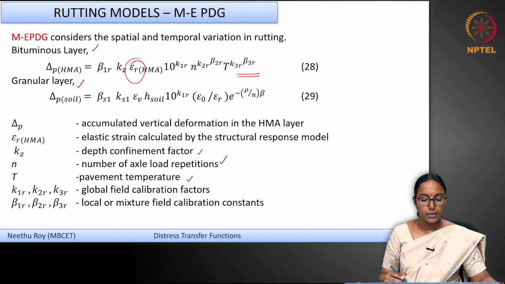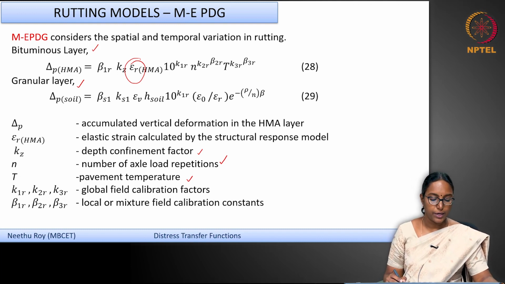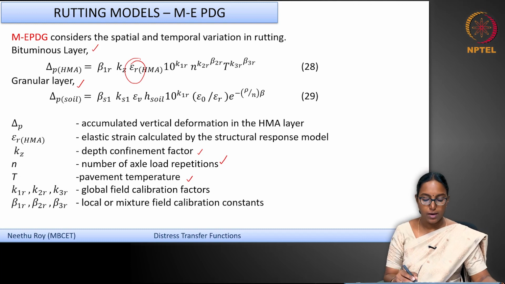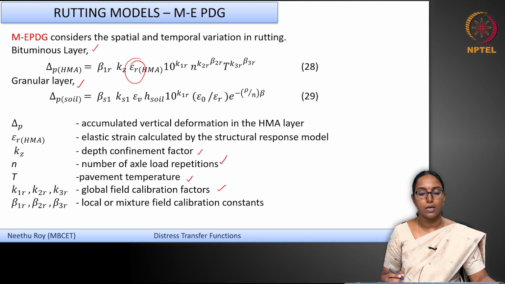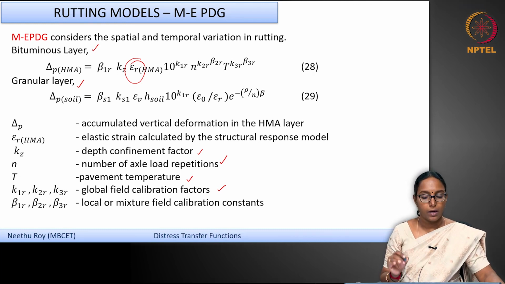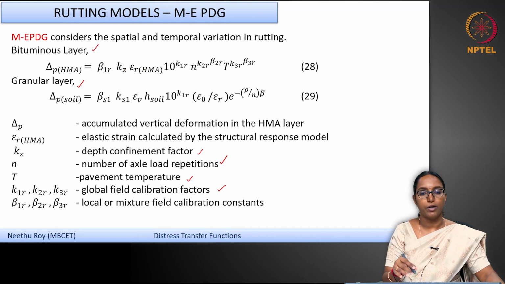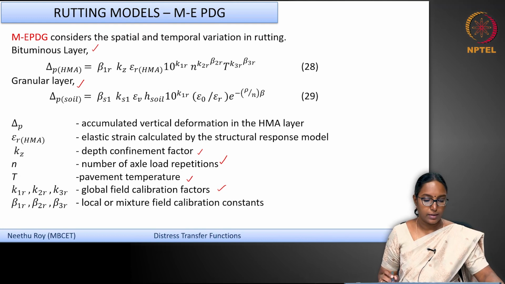Then there are various calibration factors, like K1R, K2R, K3R and so on, which are the global field calibration factors, and there are the local or mixture field calibration factors. So, for the performance of the pavement and the mixture, you have calibration factors which can be utilized to convert this model to be used in your local conditions.